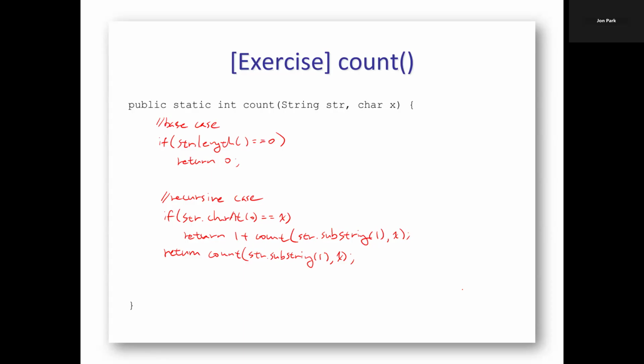And then the actual return value is 1 or 0 plus the recursive call, whatever number of matches we have in the remaining string, right? And the way we did it is to use substring. Substring 1 means give me a shorter string that starts at index 1. So str.substring(1) is basically all the letters except for the 0th letter. So we continue on until we end up with a string of length 0.